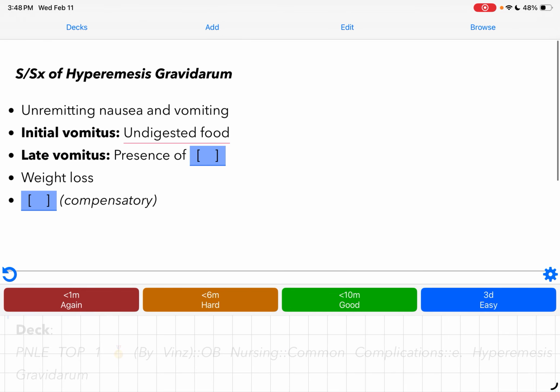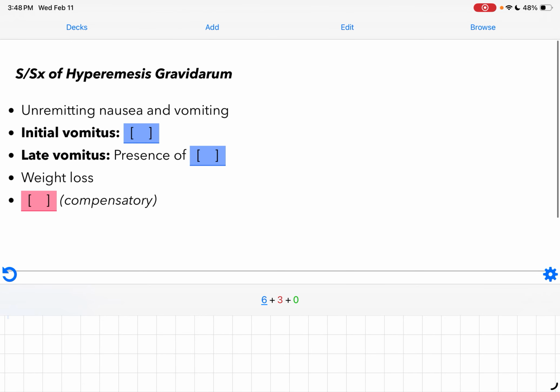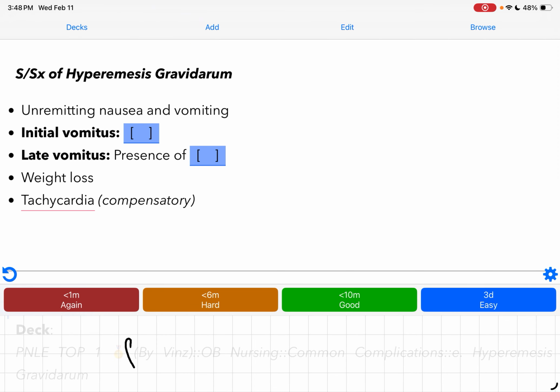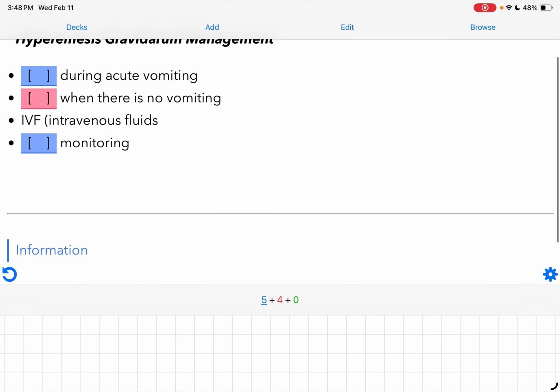Initial vomitus is undigested food. The body compensates by being tachycardic in hyperemesis gravidarum.